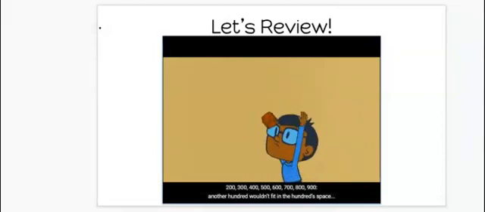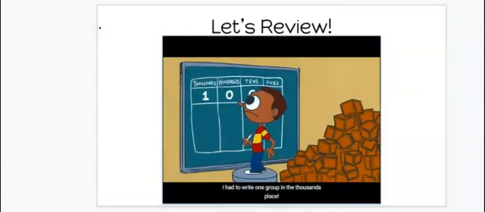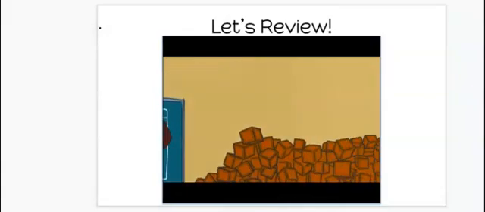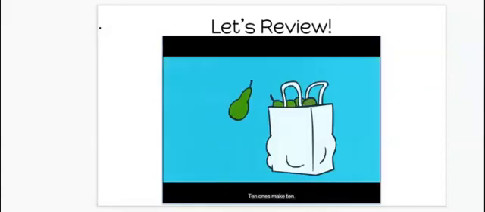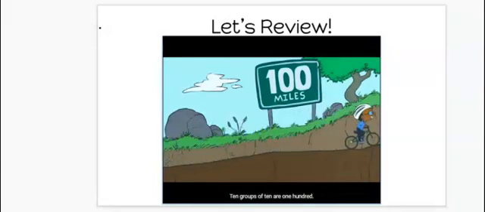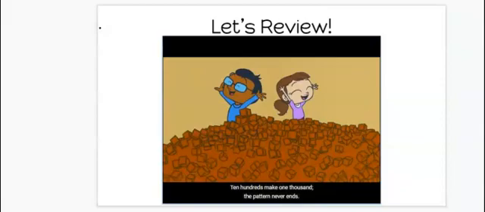Another 100 wouldn't fit in the 100 space. I had to write one group in the thousands place. Then I played the air bass. 10 ones make 10. 10 groups of 10 are 100. 10 hundreds make 1,000. The pattern never ends.